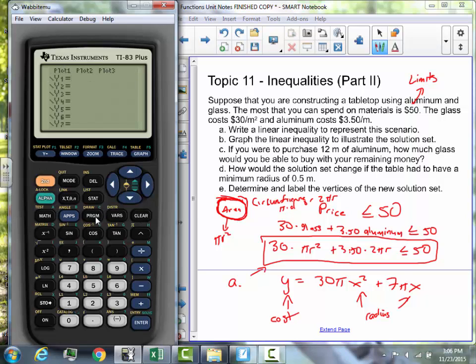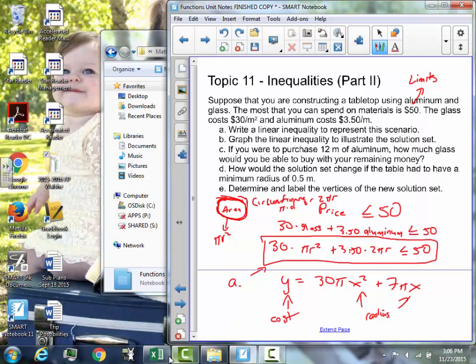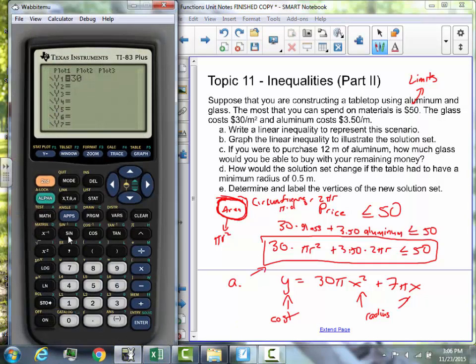My cost, y, is equivalent to 30 times pi x squared, second power, pardon me. And then we need to add 7 pi x.